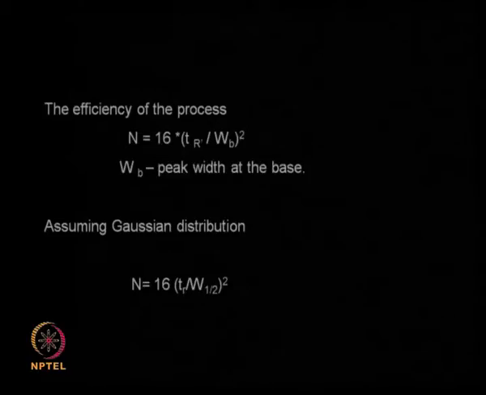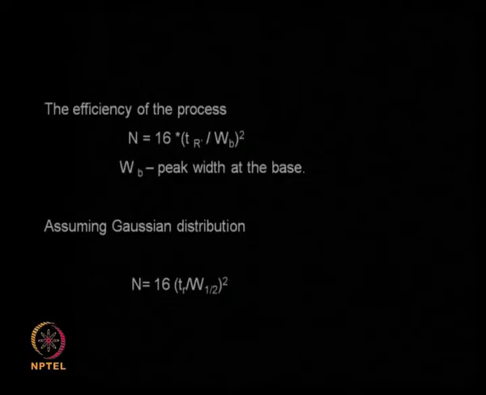Then we also have some equations which tell the efficiency of the process or the efficiency of your chromatogram. So there is a term called number of theoretical plates N. N is given by this particular equation: N equals 16 (TR'/WB)², okay. TR' is your corrected retention time, WB is the peak width at the base.